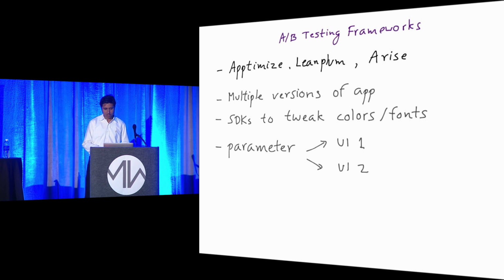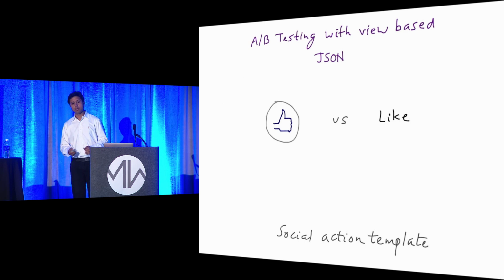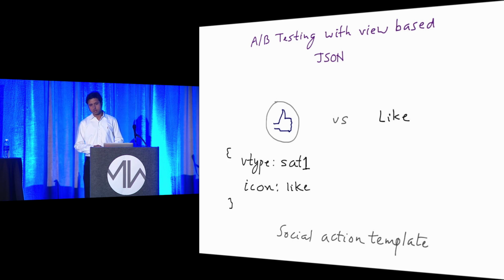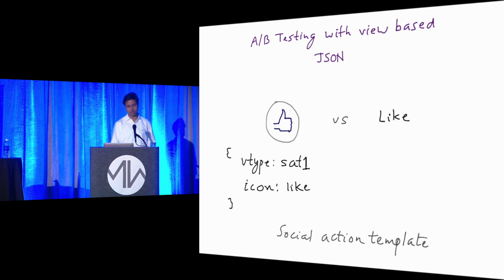What we realized at LinkedIn was that view-based JSON actually makes this process really simple. Imagine that a like is based on something called a social action template, which is similar to the templates that I was describing in the previous slides. In one case, when the view type is SAT1, the mobile client should pick up the view-based template for social action template 1, which is the like-based icon.